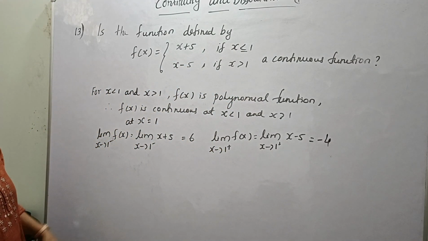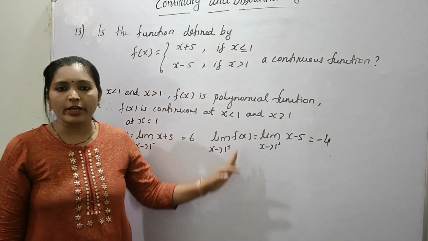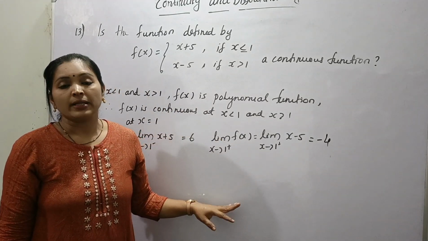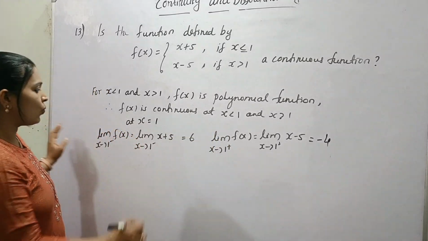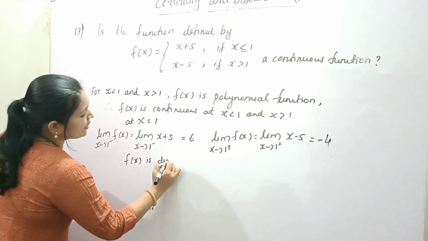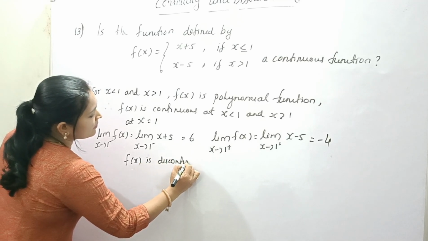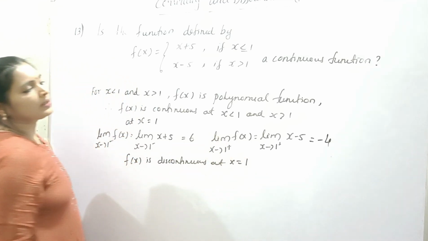Next, see here, we have got left hand limit is not equal to right hand limit. That means this function is not continuous at x is equal to 1. f of x is discontinuous at x is equal to 1.